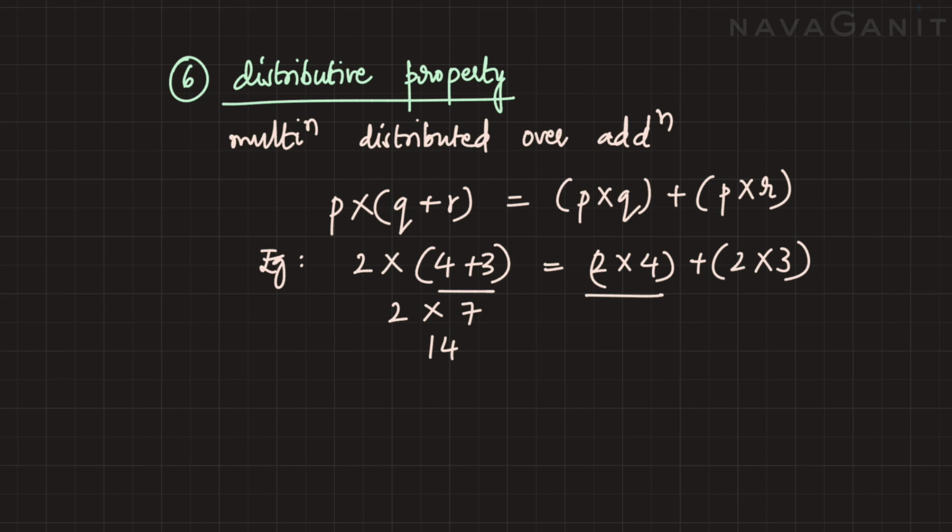RHS would be 2 multiplied by 4, which is 8, added to 2 multiplied by 3, which is 6. 8 plus 6, 14. So LHS equals the RHS. This is the distributive property. You need to remember that multiplication is always distributed over addition.